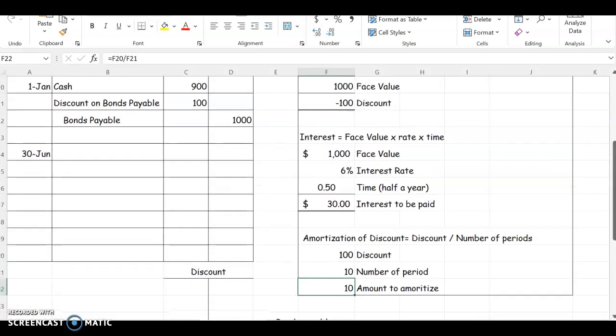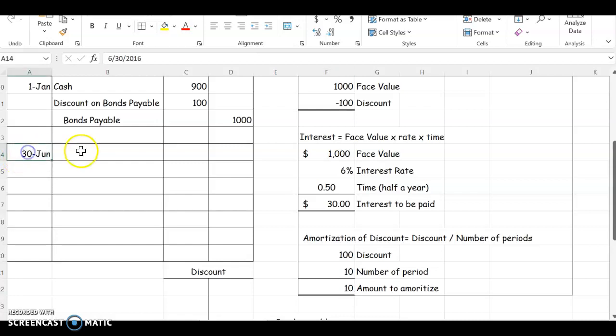So here's how we amortize it. Discounts have a normal debit balance, so we want to amortize the discount equally over the life of the bond. Every single 6 months, we're going to credit it for $10 until it's gone, until it has a zero balance. And that's what we mean by amortize.